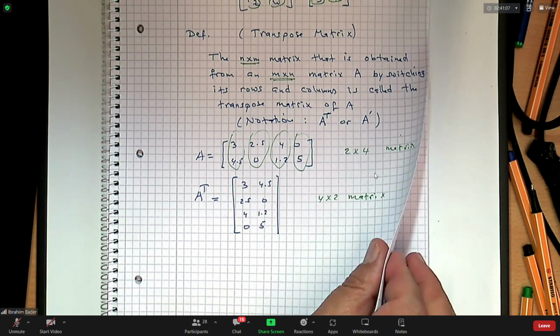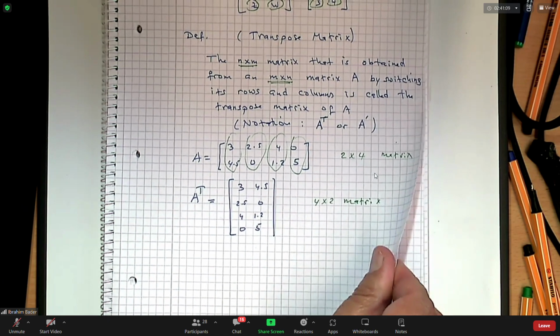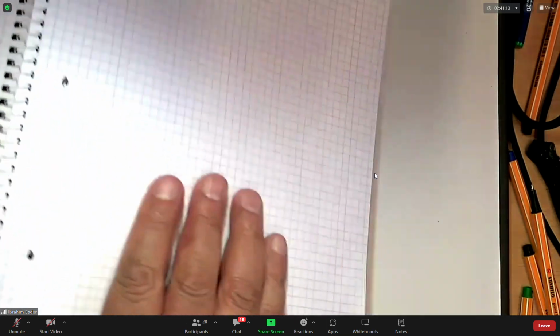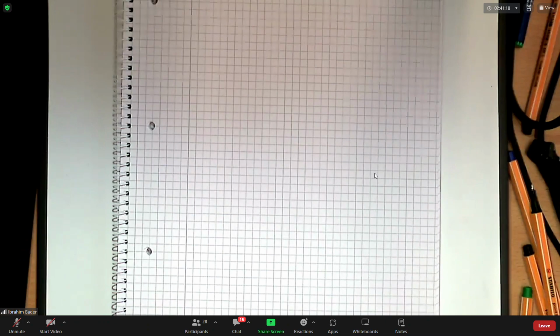The second, and very important also, when it comes to multiplication, a rule for multiplication exists only under a certain condition regarding the number of rows and columns of the 2 matrices.